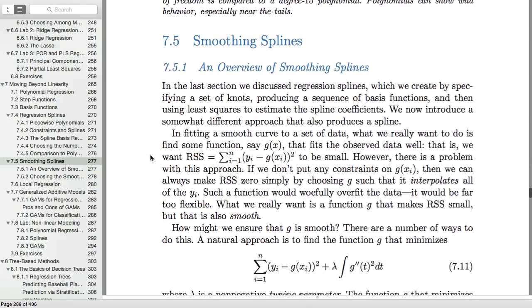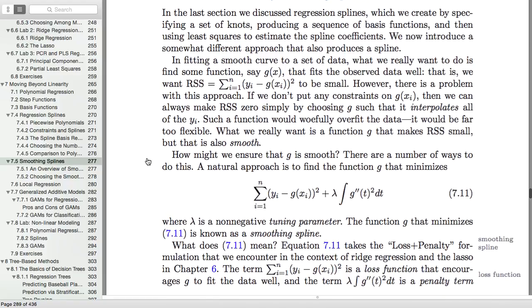So here's a discussion about this trade-off that I mentioned, and this is exactly how we can deal with this trade-off. This is the trade-off between minimizing the deviations, which is what this is trying to do, and getting a smooth curve, which is what this is trying to do.